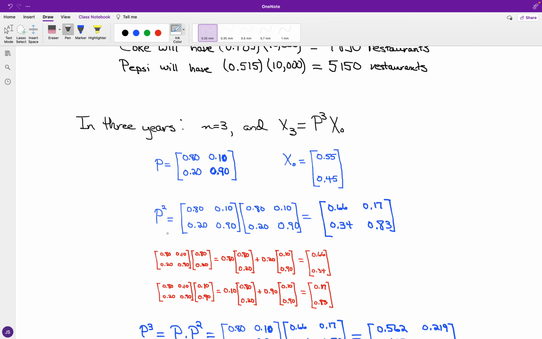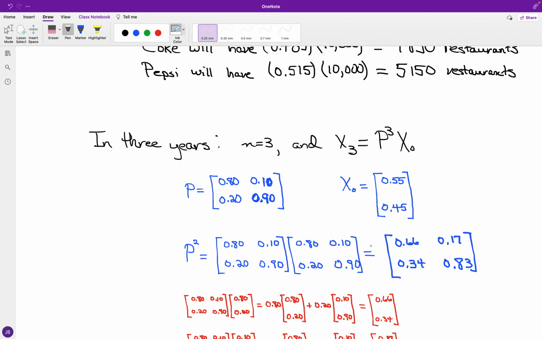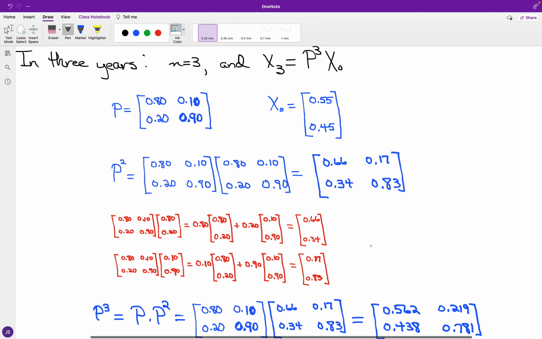If I'm looking at the cube of the transition probability matrix, first we have the square of the transition probability matrix, carrying out the same pattern and methodology.